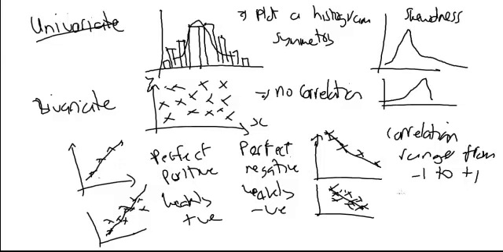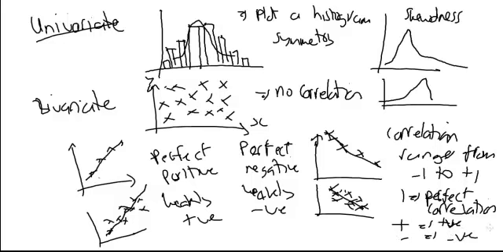So 1 means perfect correlation. Plus is positive. Minus is negative. And that's pretty much all we have to do.